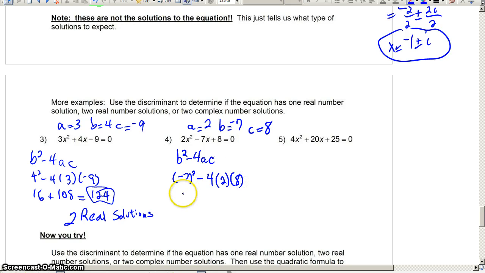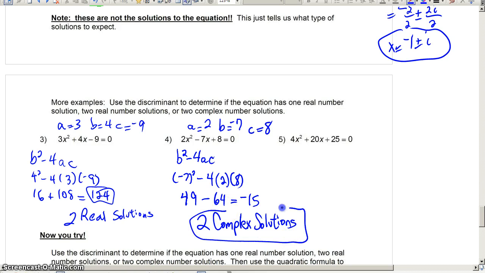Very quickly, you would get a positive 49. But 4 times 2 times 8, well, 4 times 2 is 8 itself. 8 times 8 is 64. And real quickly, if you work this out, you should get negative 15, I believe. When you have a negative discriminant, you would have a negative inside that square root. You're not finding the actual solutions, but you can know at this point that you would get two complex solutions.